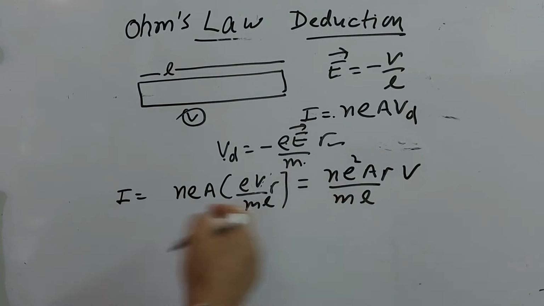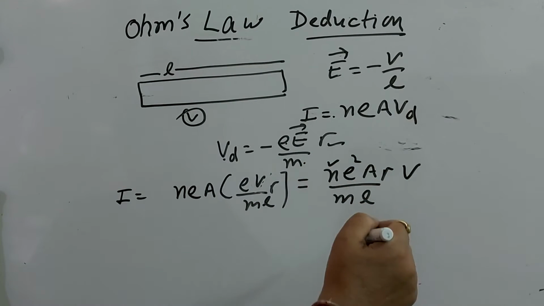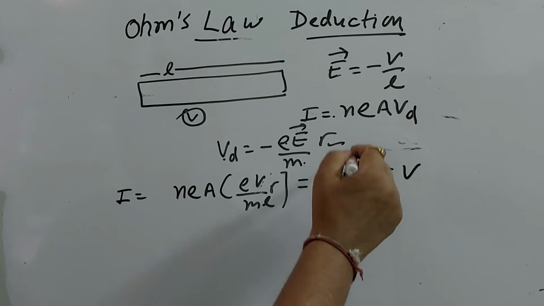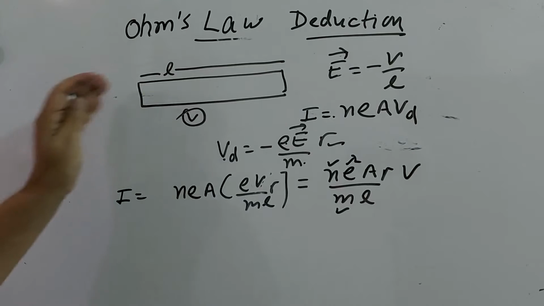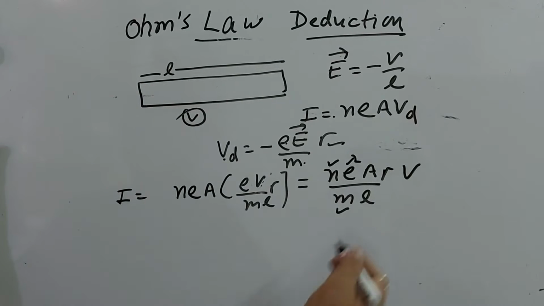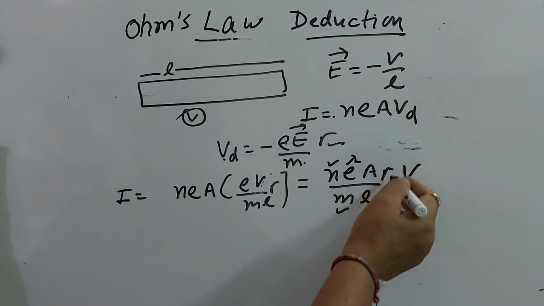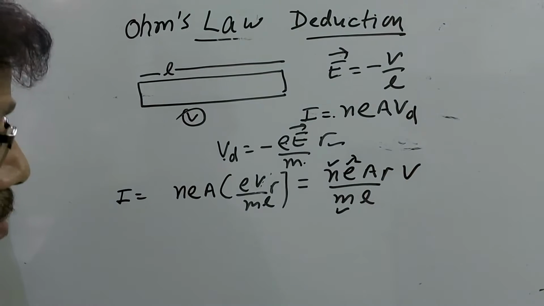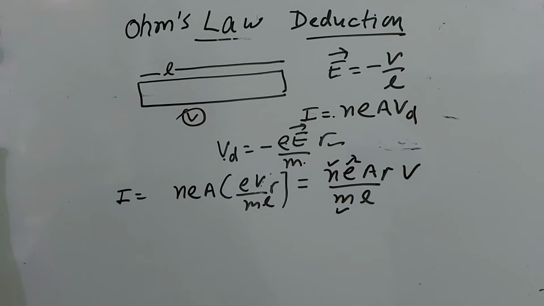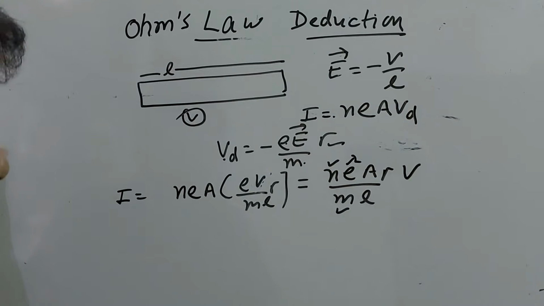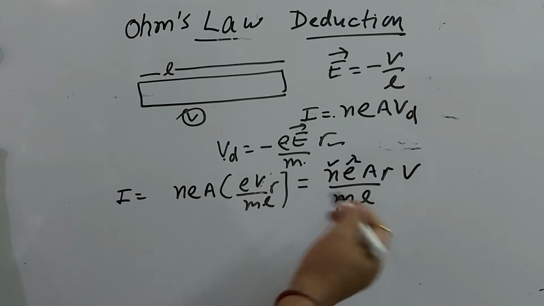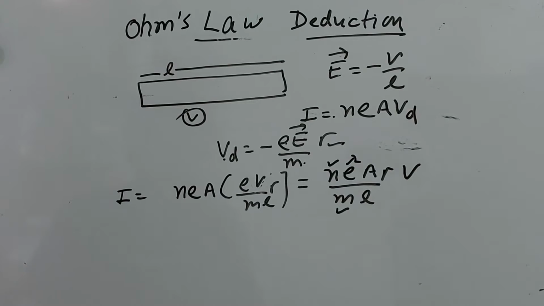Now in this expression, N is constant, E is constant, M is constant, and if we are keeping L and A also constant, so these are constant, and tau will depend upon the temperature of the body. Relaxation time depends upon the thermal velocity, and thermal velocity depends upon the temperature.